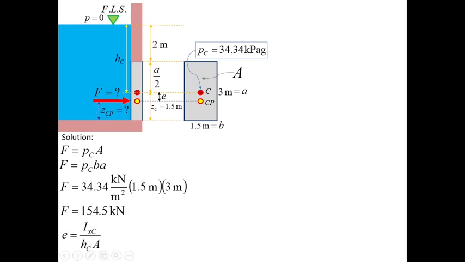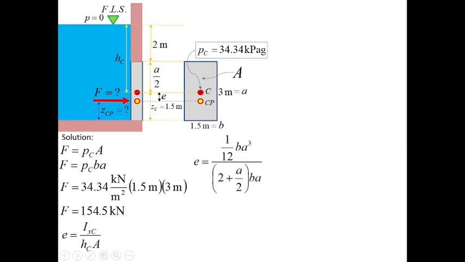So E can be obtained using the formula: the moment of inertia about the xc axis over the height between the free liquid surface and the centroid multiplied by the area of this plane surface, which is a rectangle.